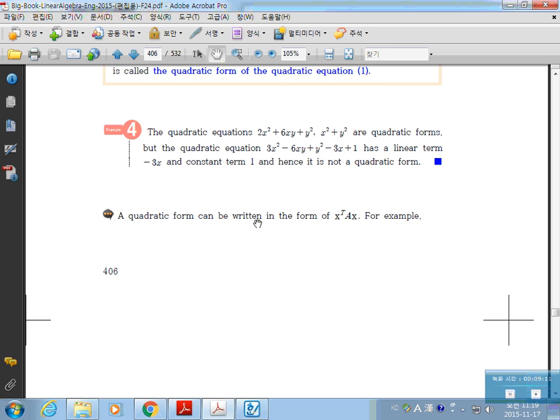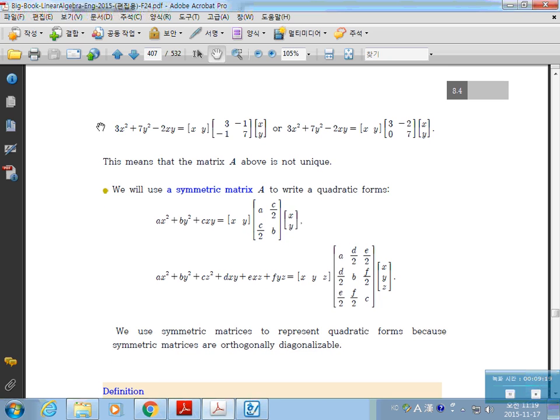So a quadratic form can be written as X transpose times A times X: X transpose times the matrix times the vector X. For example, this can be written in this way, and this can be written in this way as well. See the difference. Here 3 goes to the diagonal entry 1, 1, and this 7 goes to the diagonal entry 2, 2.